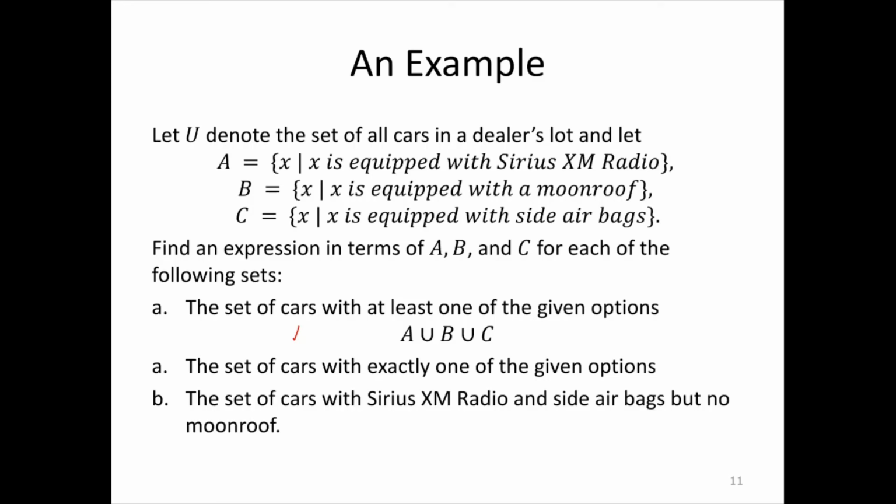And also this last question, about the set of cars with Sirius radio and side airbags, but no moonroof. How do we express this in terms of A, B, and C? Just think about it and try to find the answer.